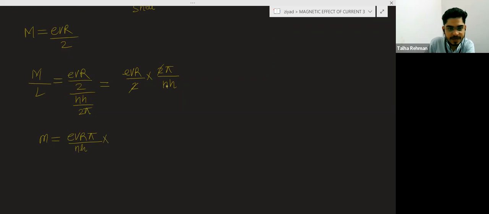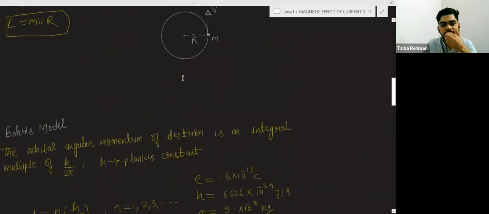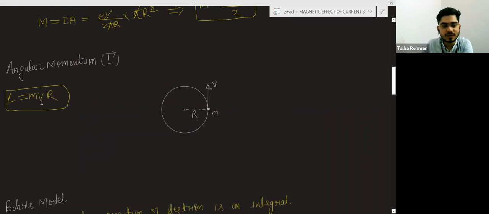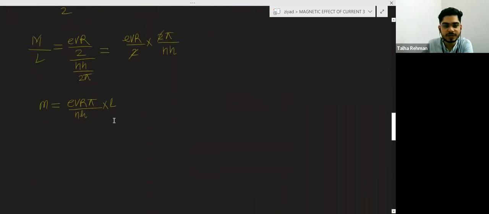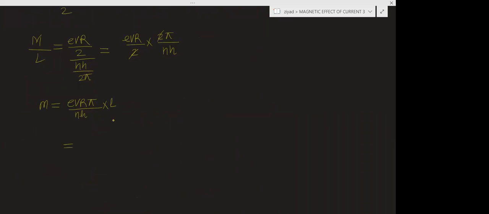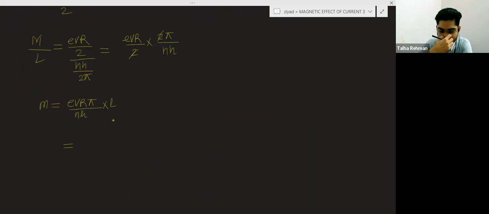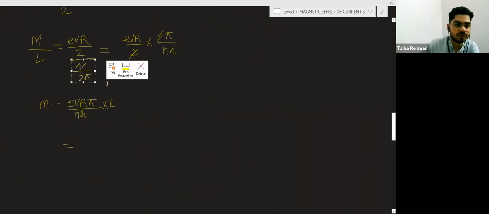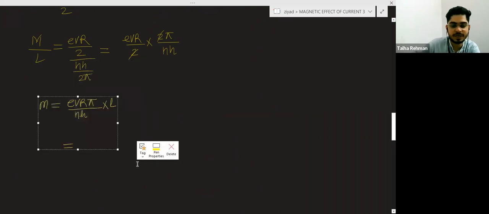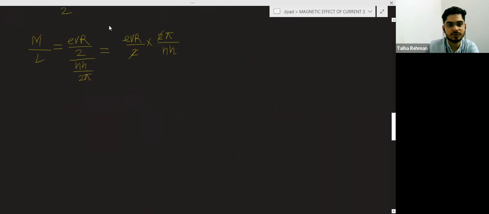And what is the angular momentum? L is equal to MVR, so we will put MVR here. Just a minute. Magnetic moment is this, and this is this. Sorry, actually we have to put angular momentum here. I directly put this value.